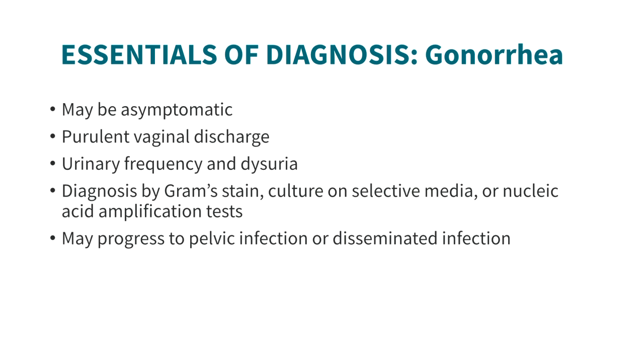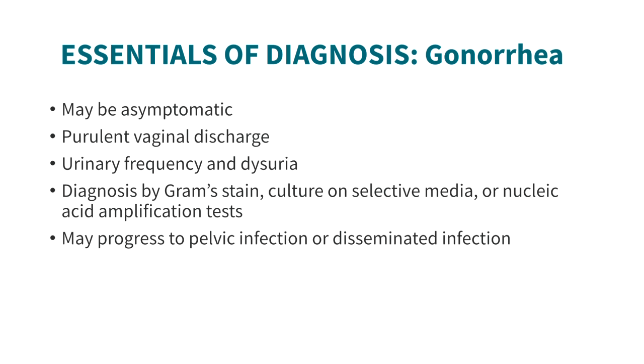So the essentials of the diagnosis for gonorrhea: usually we don't have symptoms, or we can have a vaginal discharge in the case of a female, or urethral discharge in the case of a male. Females are going to present urinary frequency and also pain during urination, which is dysuria.